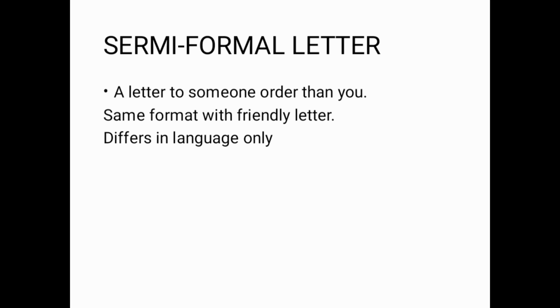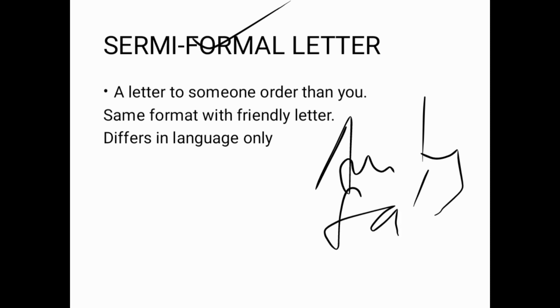For the semi-formal letter, here you know the person you are writing the letter to, but he or she is not your friend. He or she is someone older than you, and you respect him or her. For example, your auntie, your father, your friend's mother. These people are respected.